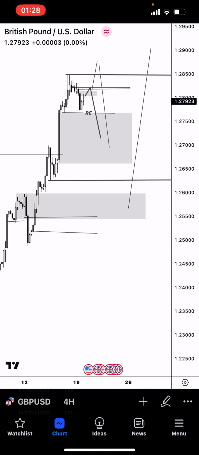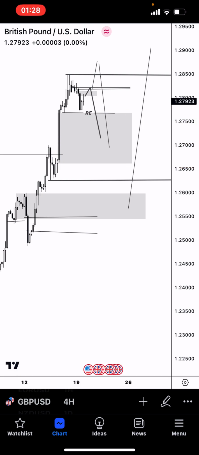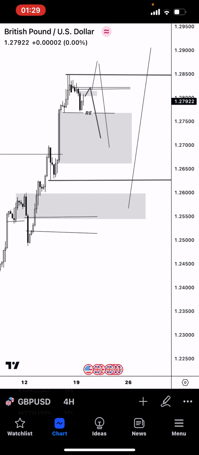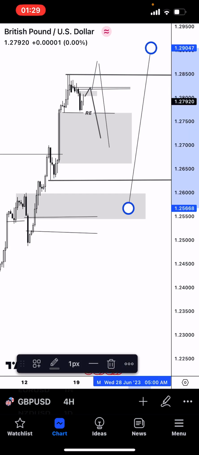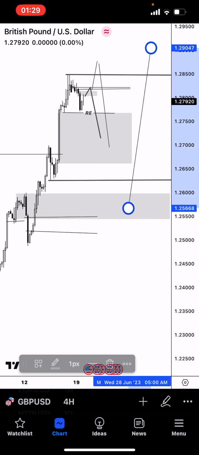Therefore, if we come back down, we should be expecting the buys to occur inside the fair value gap. But if it comes and closes the fair value gap, I believe this low that's highlighted at 1.26265 will be used as manipulation, to then go lower and then off this breaker block go higher.